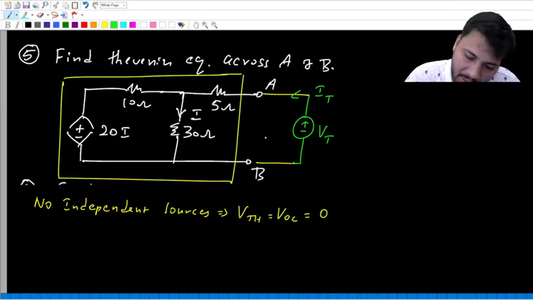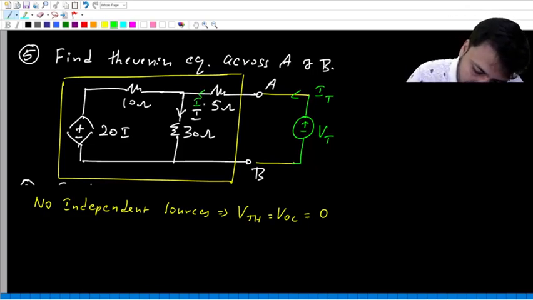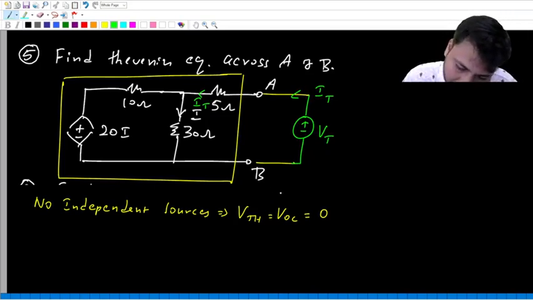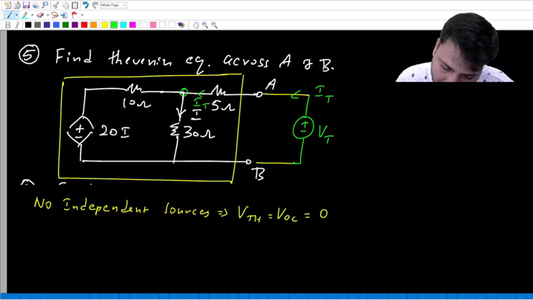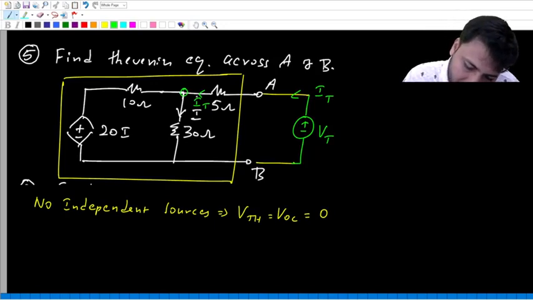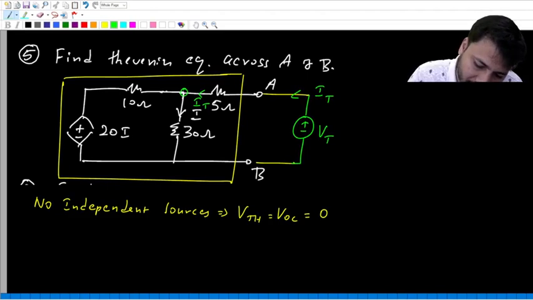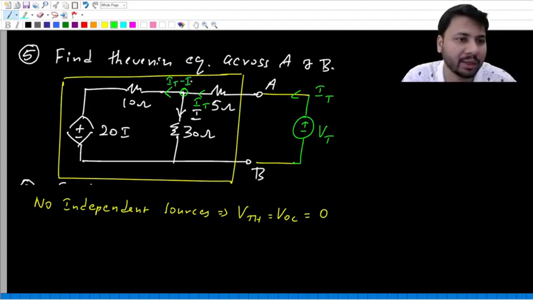Okay. So what is this current? It is IT. Now at this point, IT is entering, I is leaving. If I ask you what is this current, you should say it is IT minus I. Yes or no?